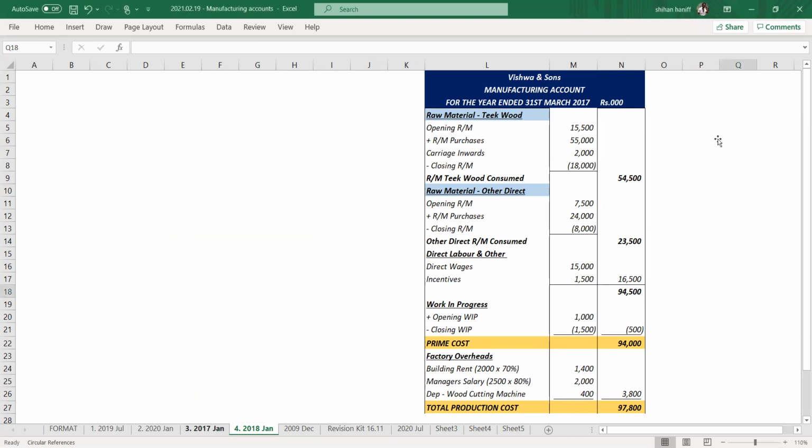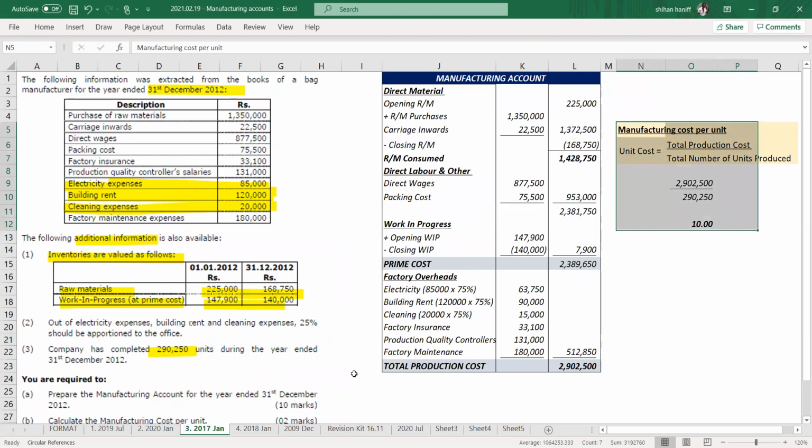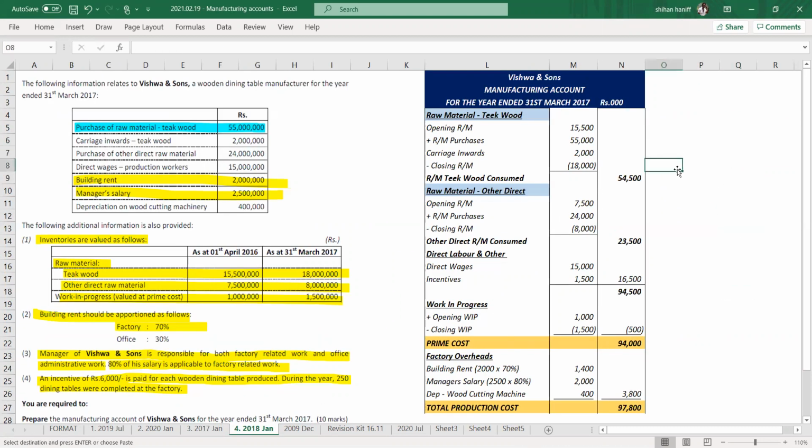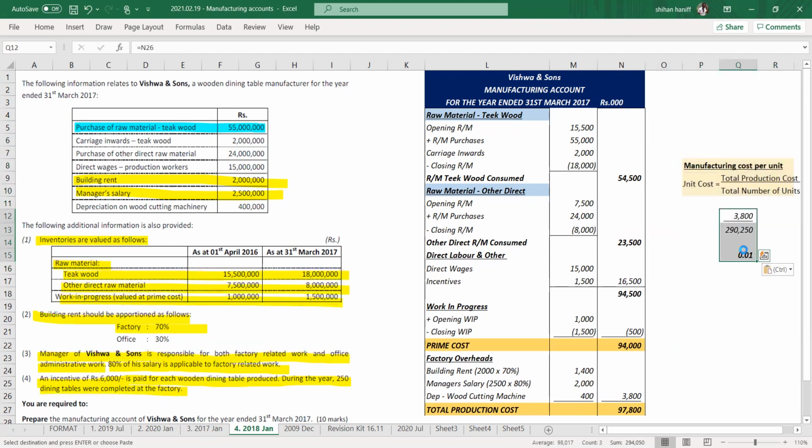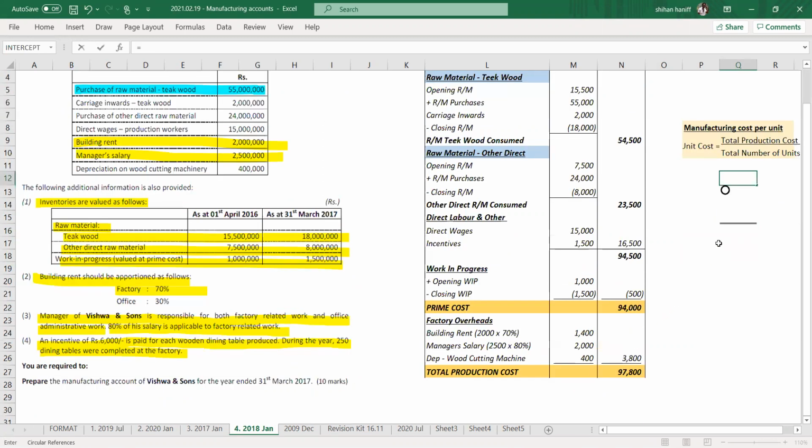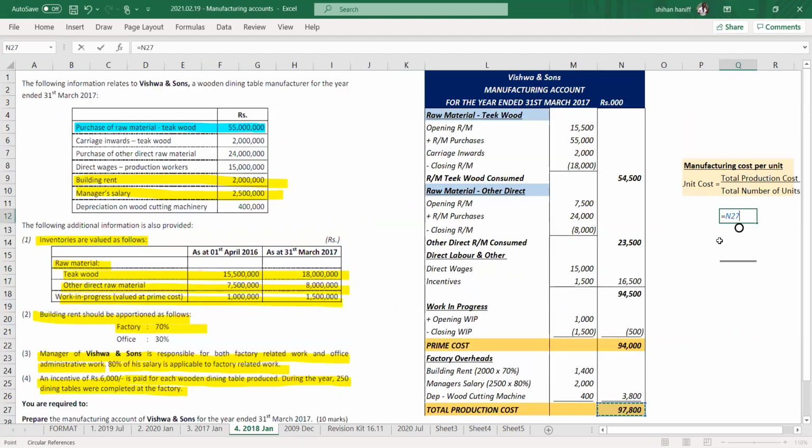So unit cost, if you calculate, is total production cost 97,800 divided by the 250 dining tables produced during the year.